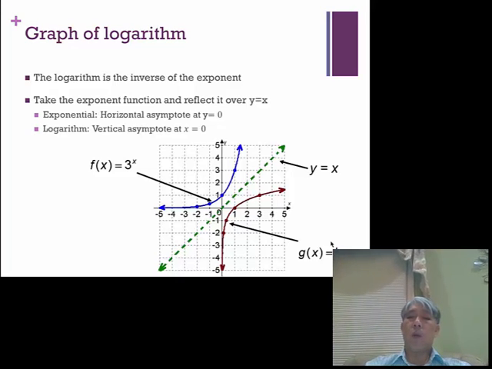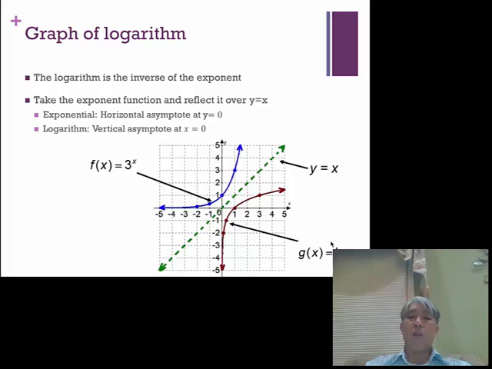When we do that, we end up with the red graph, and that red graph is log base 3 of x. So in this case, we can see that it has an x-intercept of 1, and again, y equals 1 when x is equal to 3.